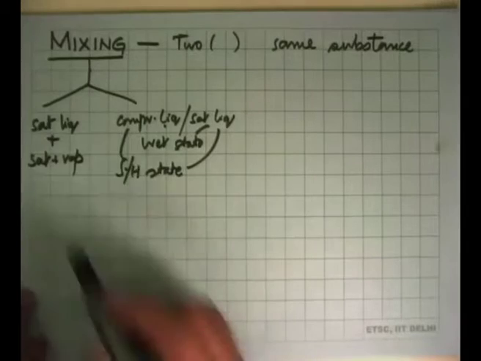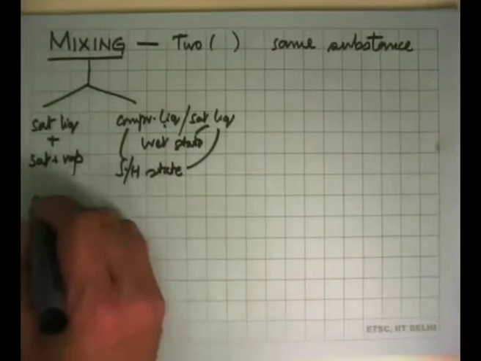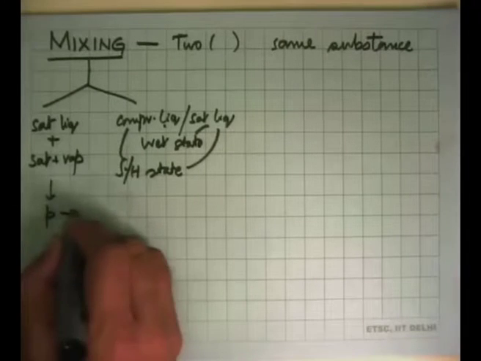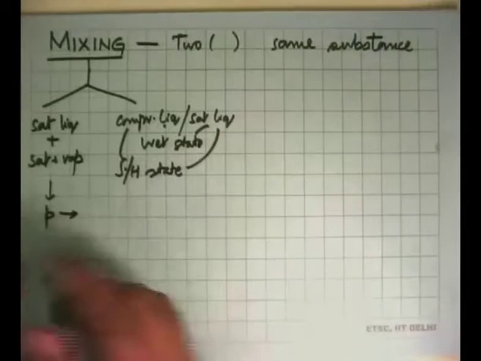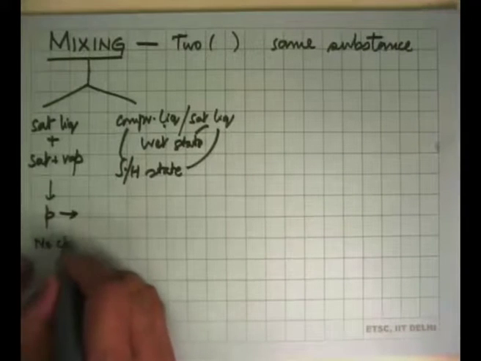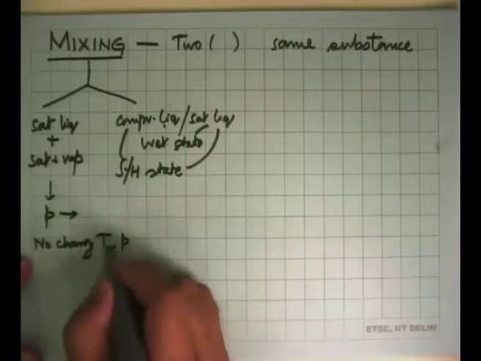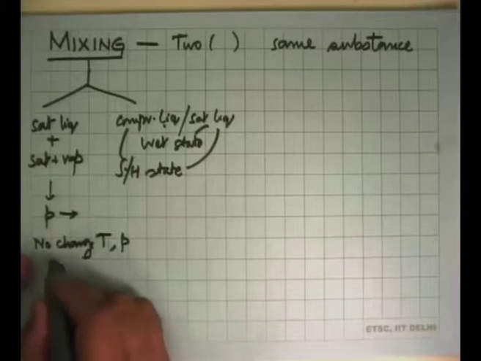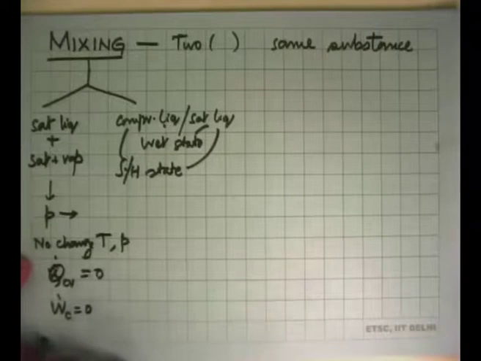The point is that in this case, when we mix the two and we say that they are at the same pressure, the pressure is constant, then by just putting them together physically, there is no change in temperature or in pressure. We assume that these are adiabatic processes. Q dot CV equal to 0, W dot CV is also equal to 0. Changes in potential and kinetic energies are also 0.